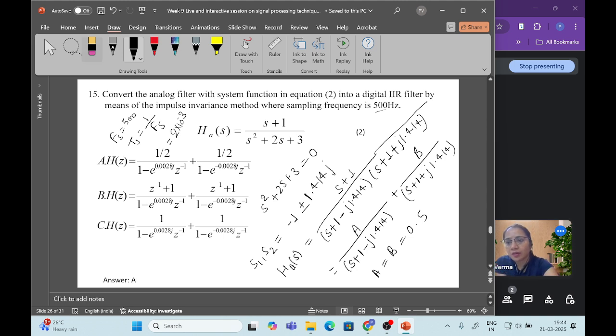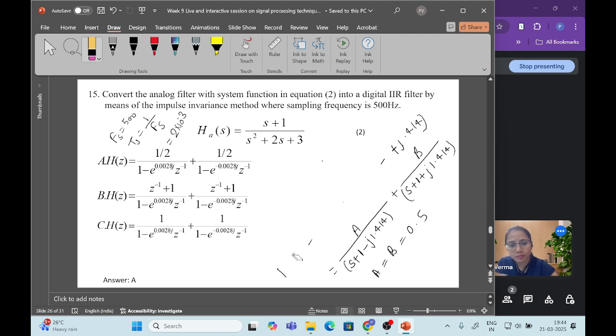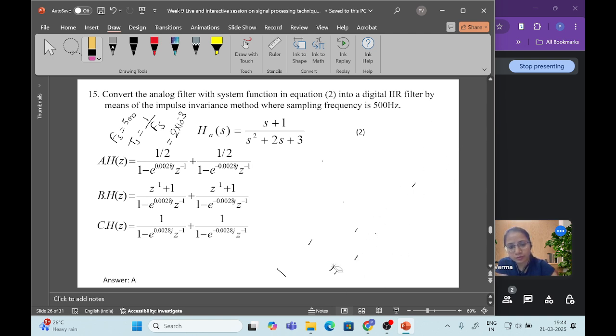Now I am putting all those values: H_a(s) is equal to 0.5 divided by s plus 1 minus j 1.414 plus 0.5 divided by s plus 1 plus j 1.414.